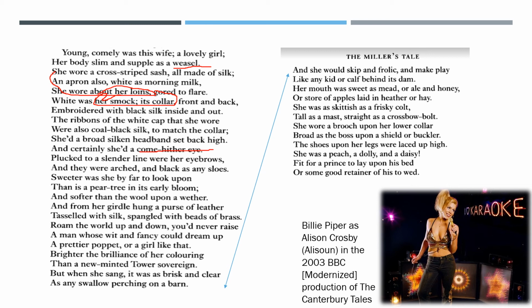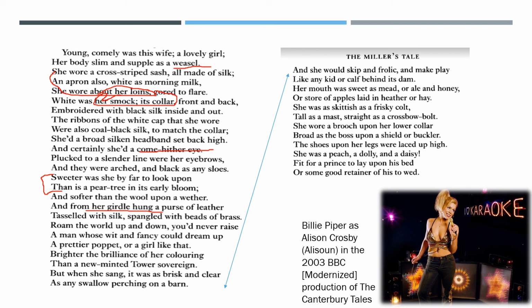Sweeter was she by far to look upon than is a pear tree in its early bloom, and softer than the wool upon a wether. And from her girdle hung a purse of leather, tasseled with silk, spangled with beads of brass. Roam the world up and down, you'd never raise a man whose wit and fancy could dream up a prettier puppet or a girl like that.